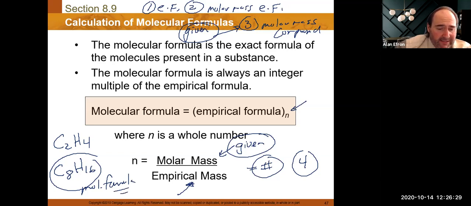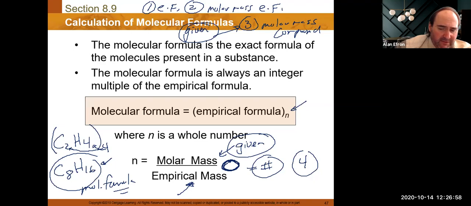Or you could write it by putting parentheses and the 4 on the bottom. Like I said earlier, most people will distribute it in and write it like this, but you could technically put parentheses and the number on the bottom there. So those are the three important things: the empirical formula, the molar mass of the empirical formula, and the molar mass of the compound. When you divide those two, you should get a whole number. If you're not near a whole number, you could round.